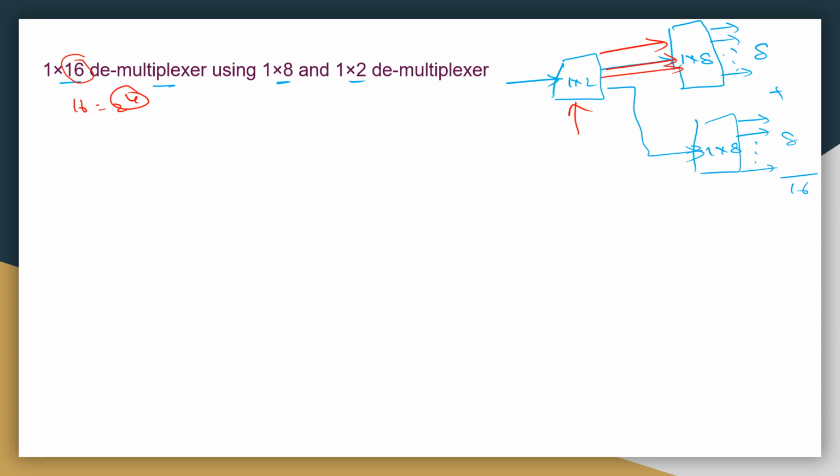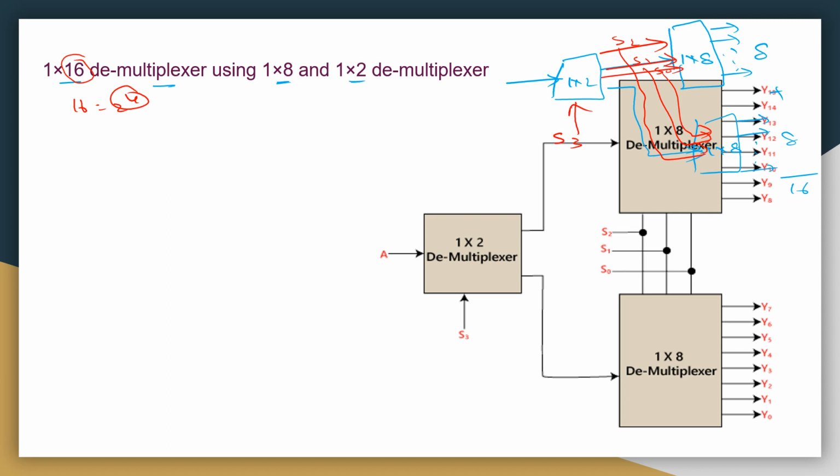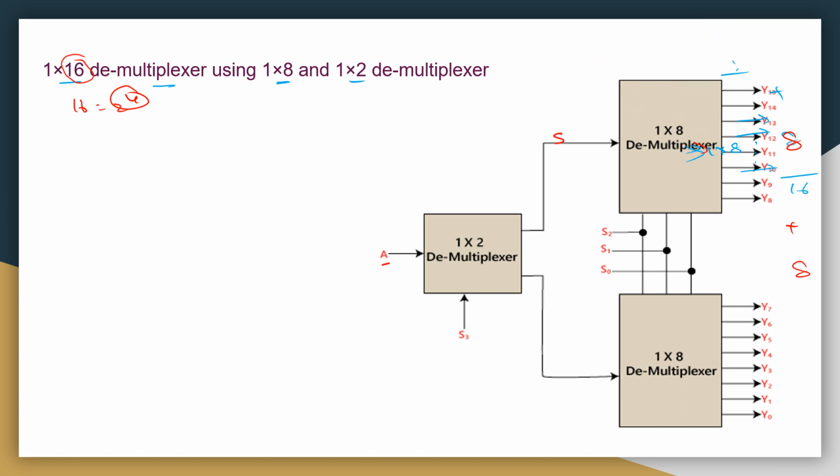Those 3, same 3 here. So here it is S3, these are S2, S1, S0. The detailed diagram I am going to show to you. Now see, number of inputs is 1, number of outputs is 8 plus 8, total 16 outputs, number of selection lines is 4, S3 here, S2, S1, S0.